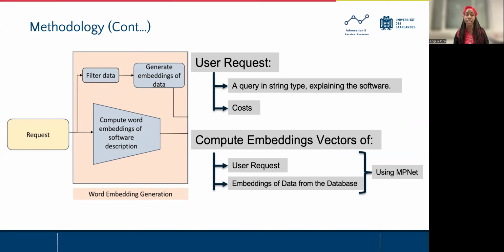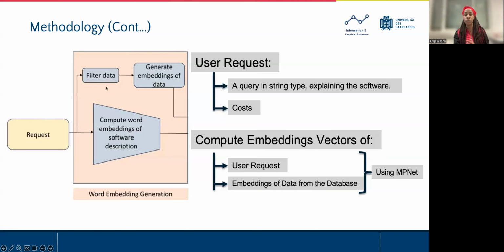What happens is that we will have the request coming in, and we'll do filtering based on the prices to make sure that the products we are going to recommend to him are within the budget that he had.